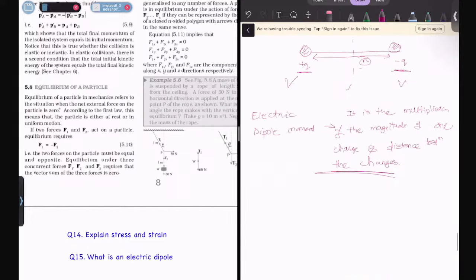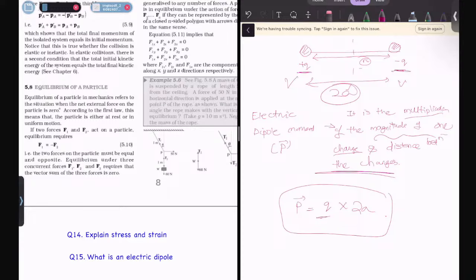So how do we calculate it? Electric dipole moment P is equal to Q times the distance between the two charges. If the distance between those two charges is 2a, P is equal to Q into 2a. This is what is electric dipole moment.